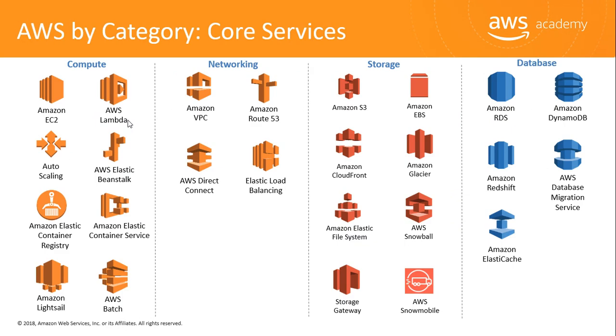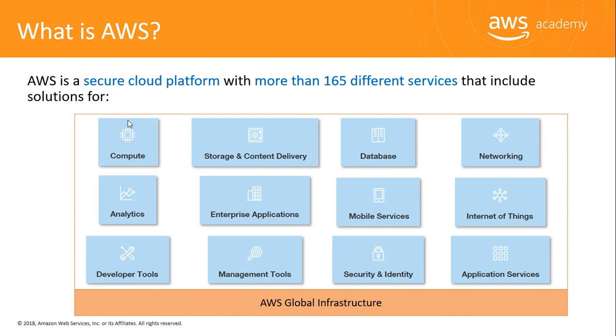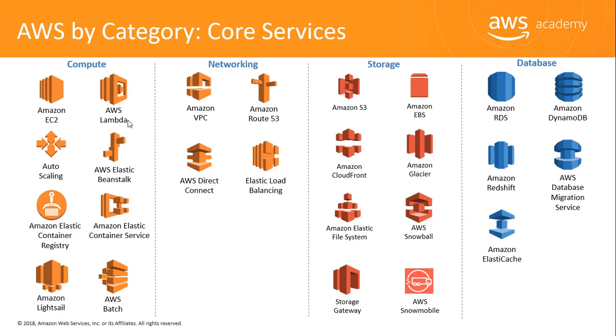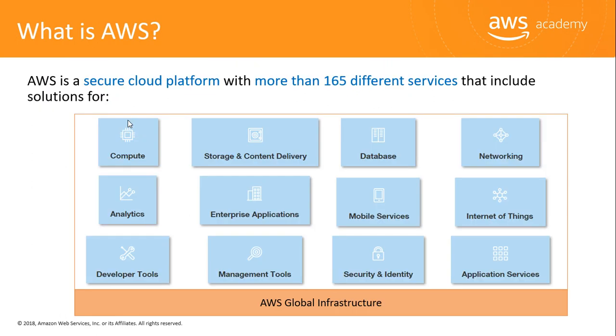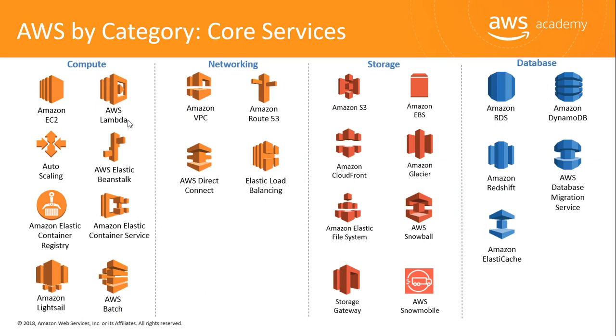You need to understand that they have categorized the services, so under each category, what are the services available for you? For example, here they have said compute. This is one category, and under this you'll have so many services, computational power.